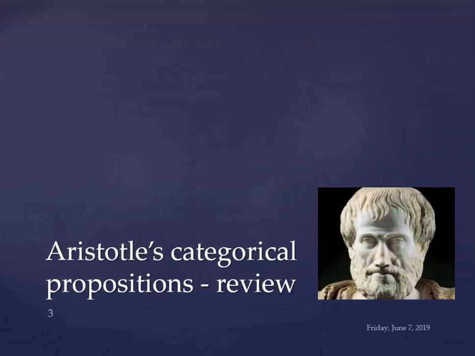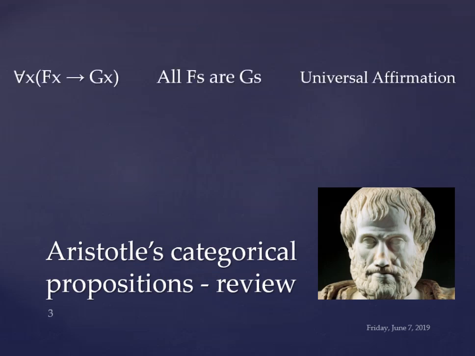Just to review Aristotle's categorical propositions, you had things said in terms of a universal affirmation, all F's are G's, so you have this arrow formula relating the F's and the G's together with a universal quantifier.